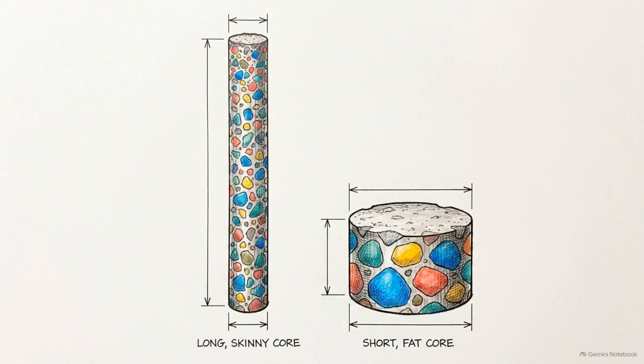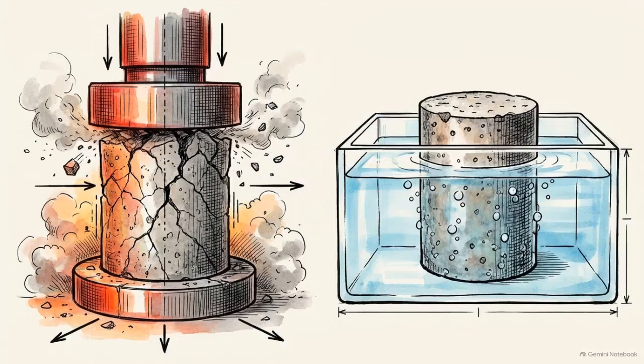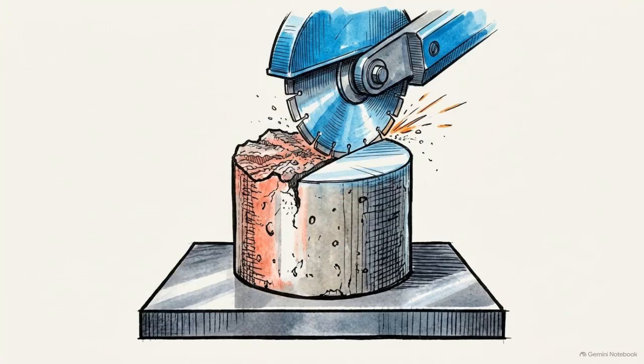Core geometry requires equal attention. The length to diameter relationship of the extracted cylinder dictates how the material will behave under immense pressure. Moisture conditioning is also strictly controlled. Compressing a dry core yields entirely different load data than crushing the exact same material after it has undergone a required soaking period. Before testing, the bearing surfaces must be addressed. Sawing or capping the ends of the core is a structural necessity, never a cosmetic preference.